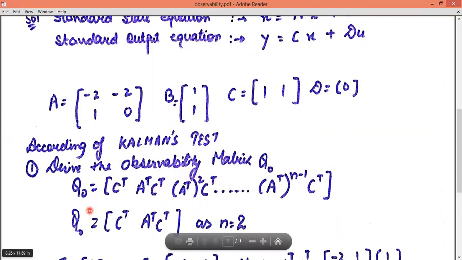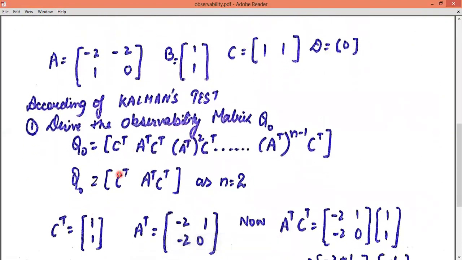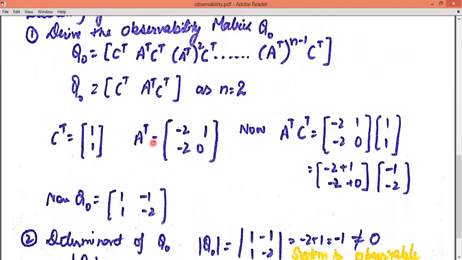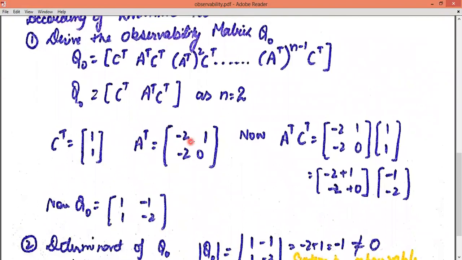So we will get Q naught equals C transpose and A transpose into C transpose. First we get C transpose. C is given here; after doing the transpose, we get 1 and 1 in this form. And this is A transpose, given as minus 2 after we did the transpose.